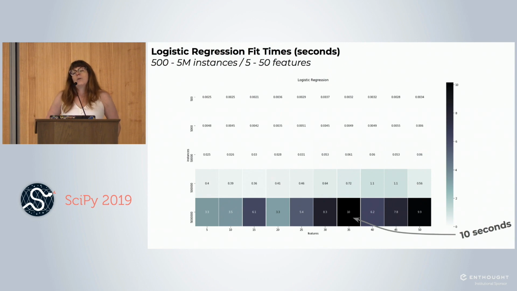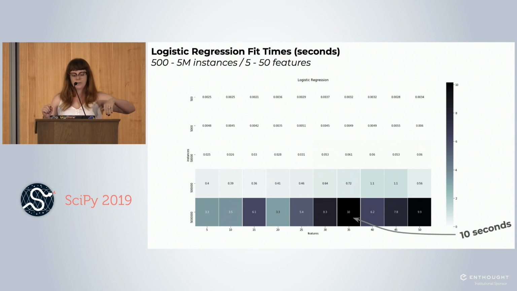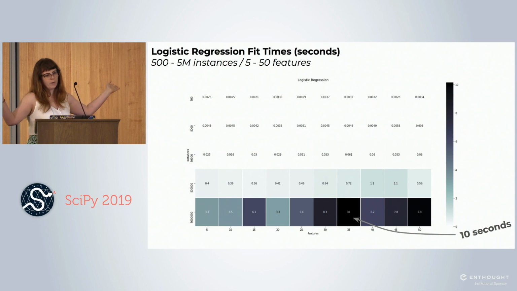So just to give you a sense of what makes scaling so challenging to work across so many different kinds of data sets, what we're looking at here is a heat map where we're scaling the number of features and the number of instances. I'm ranging between 500 rows to 5 million rows and 5 columns to 50 columns, and I'm fitting a logistic regression, scikit-learn default parameters, no hyperparameter tuning or anything fancy.